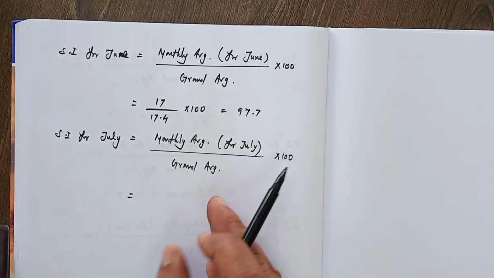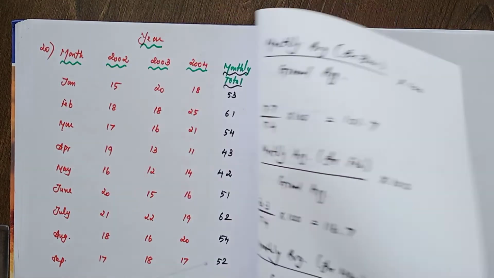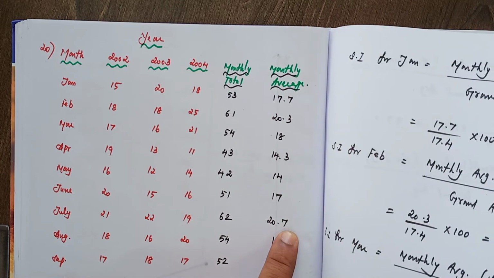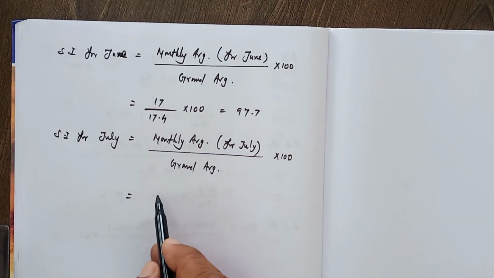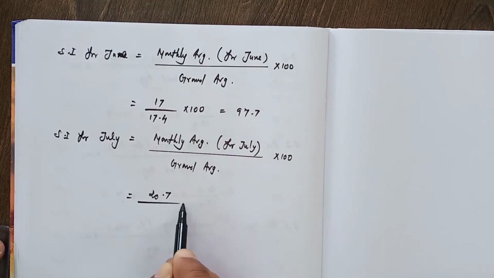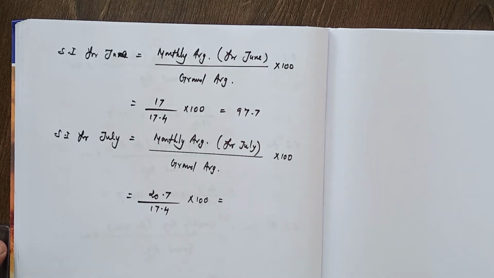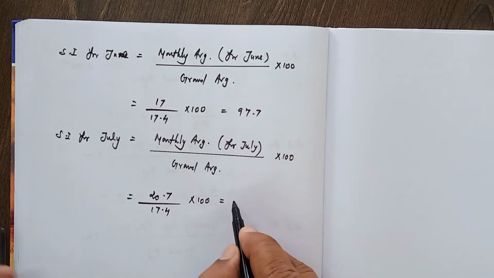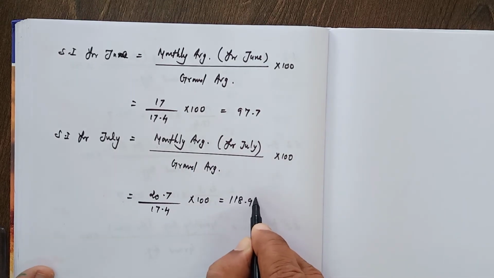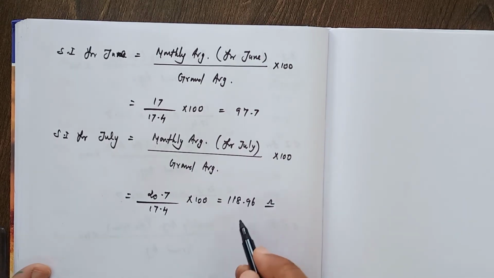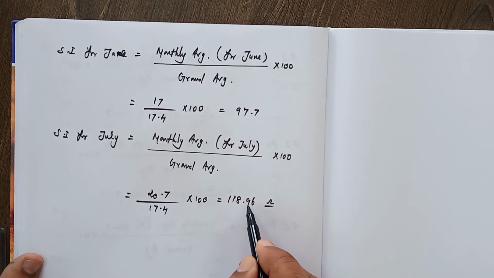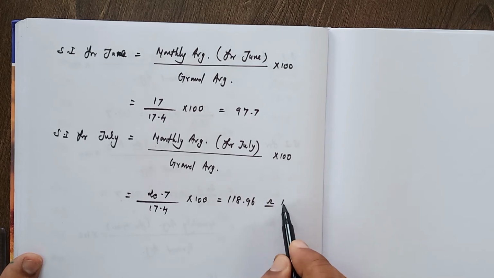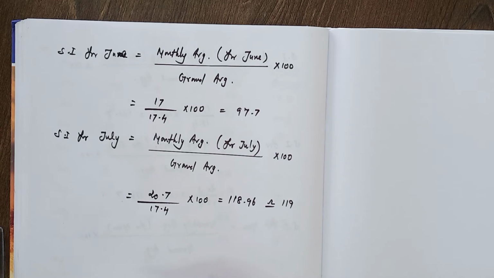July monthly average is 20.7. 20.7 divided by 17.4 into 100 equals 118.96. Approximately, since the digit is 9, 1 can be added in the integral part. 118 plus 1 is 119 approximately.